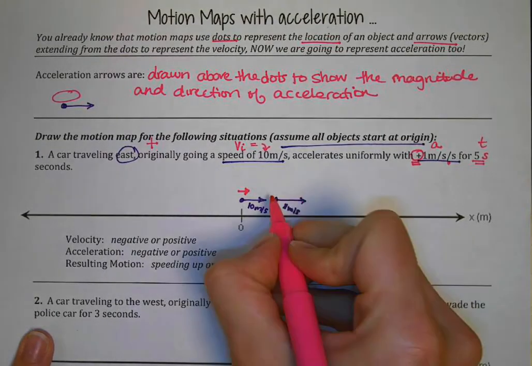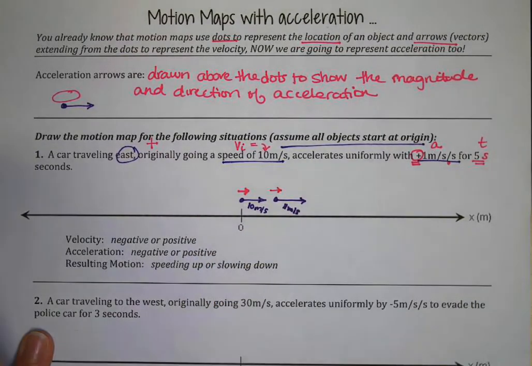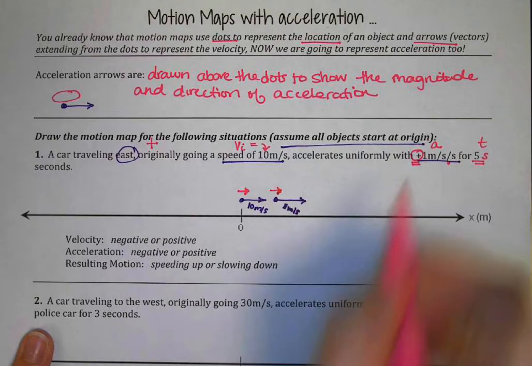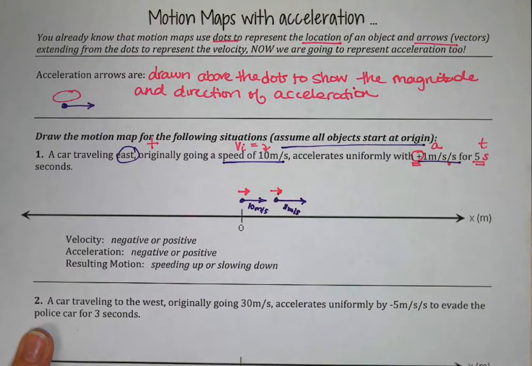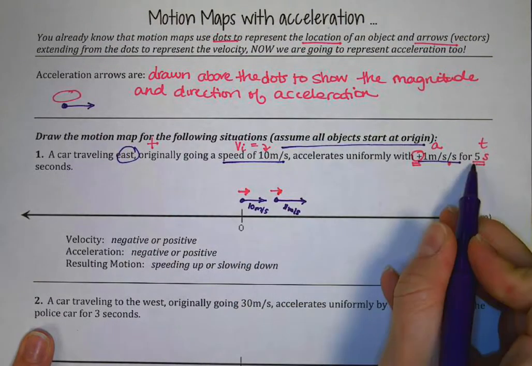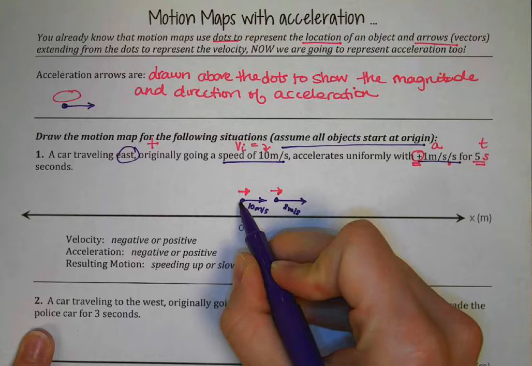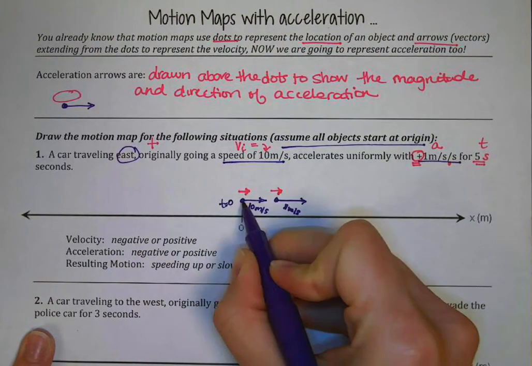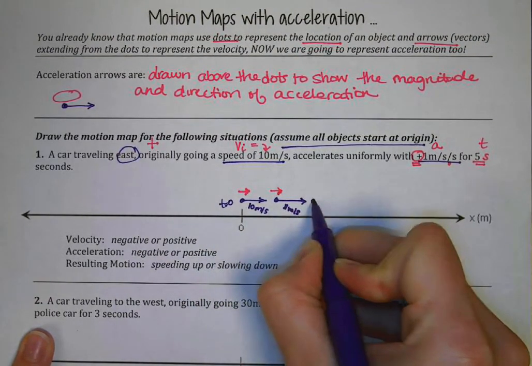So my vector should be a little bit longer to represent that 11. The object is still accelerating, so you draw that acceleration arrow, and it's still an acceleration of positive 1 meter per second for every second. So the pink arrows would stay the same size. We have to continue this motion for 5 seconds. So far I have t equals 0 here, so this is 1 and 2.